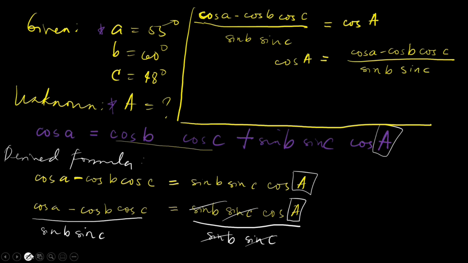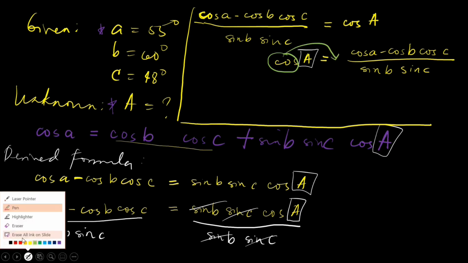Again, what we need is big A only. So we are going to move cosine to the other side.